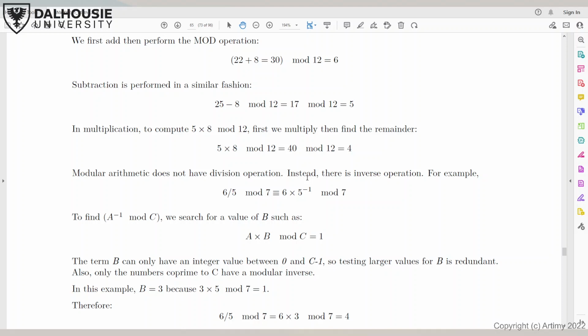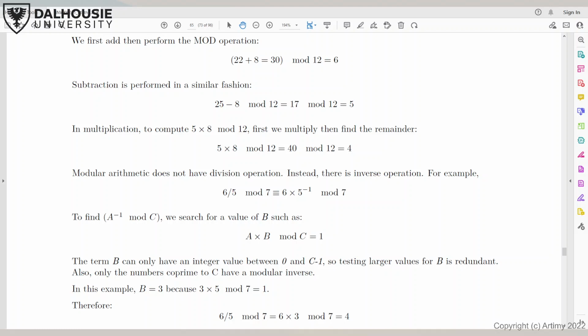So how do we solve this? How do we know what is the inverse of 5 in modular arithmetic? To do that, we have to find something that we can multiply by 5 and get 1 mod 7.